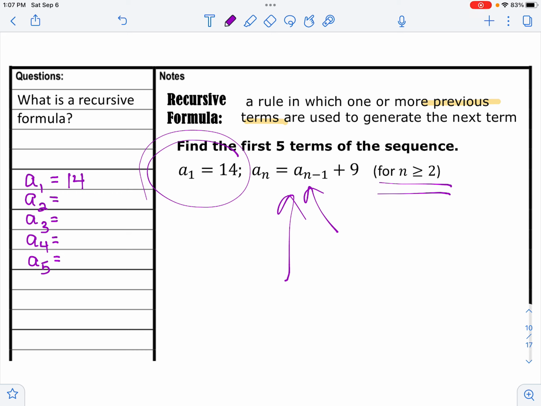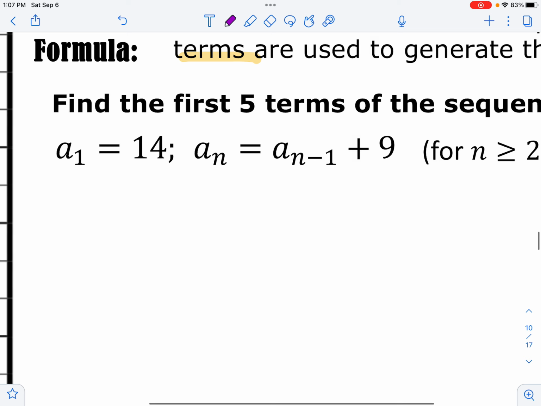Okay. So let's see if we can do this. We need a sub 2 anyways. So I'm just going to put a 2 in for n. So now here, I'm going to do that same thing. A sub 2 minus 1. And then, remember, this is a subscript.